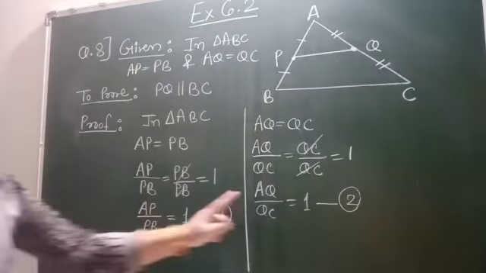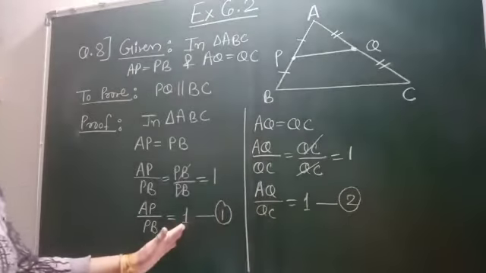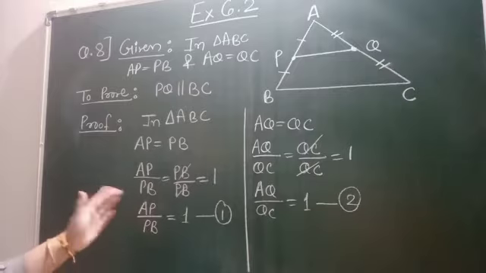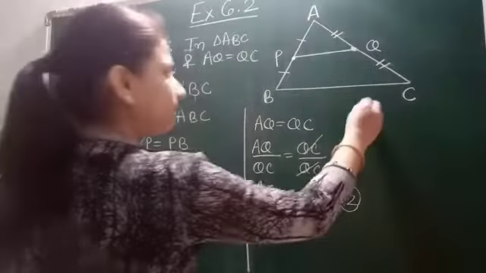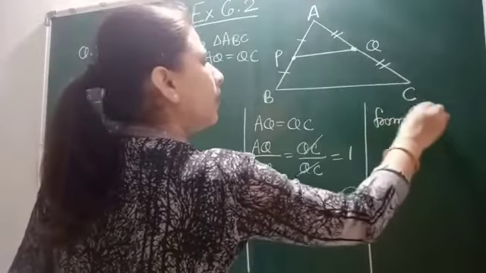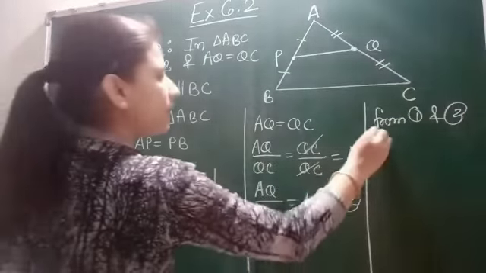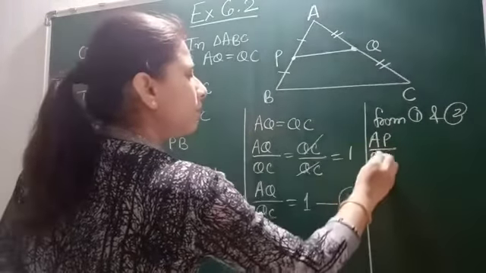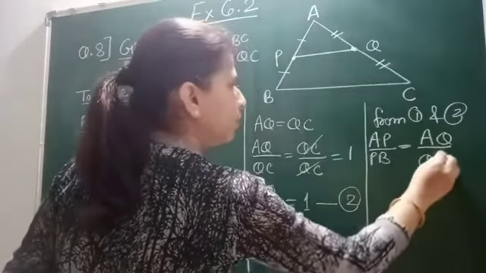As you can see, in equation 1 and equation 2 their right hand sides are equal. So obviously when we compare both equations, their left hand sides will also be equal. So from 1 and 2 we will get AP upon PB equals AQ upon QC.